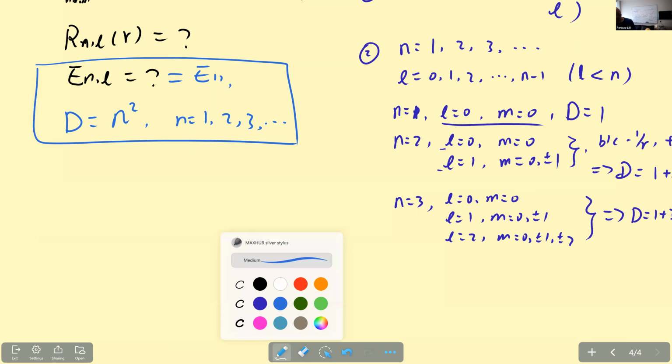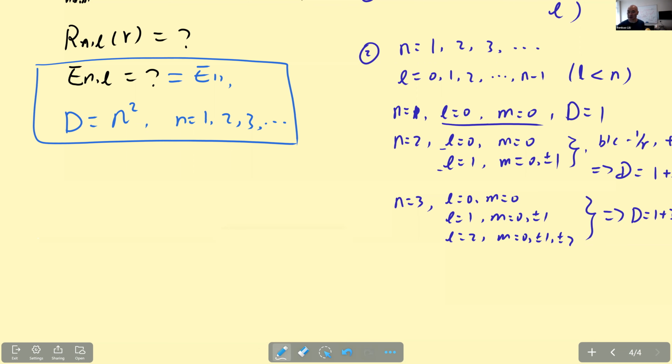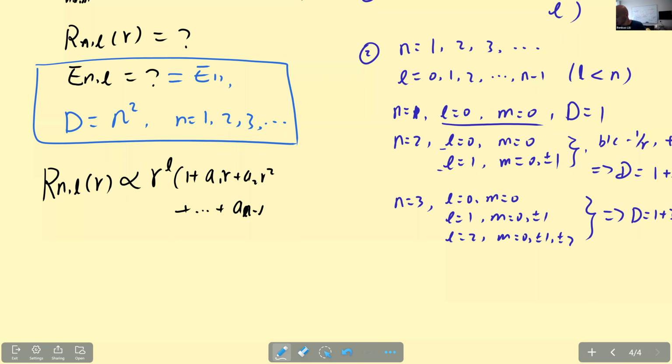Okay, now how about the wave function? This wave function actually can be written as r to the power l, times 1 plus a polynomial, a1 r plus a2 r squared, and so on and so forth until you have a_{n-l-1} r to the power n minus l minus 1, and then times e to the minus r over n.